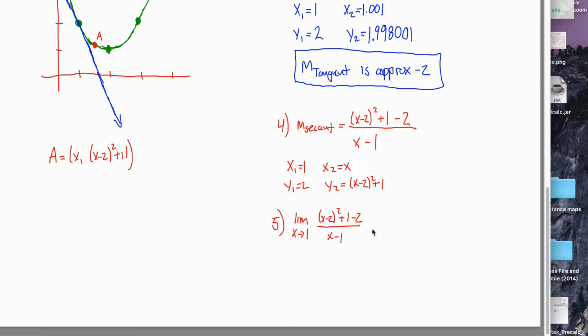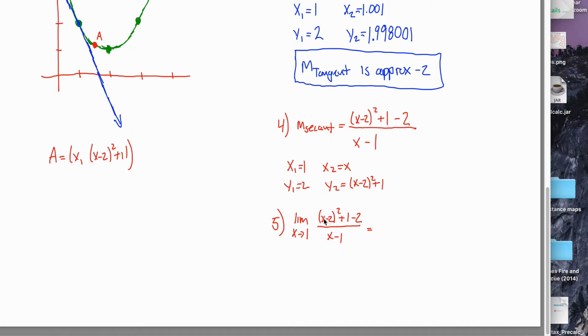Evaluate this limit. Well, you can try plugging in, changing all the x's into 1's, but you'll get 0 over 0. So as we'll see in section 2.3, the trick will be getting rid of this x minus 1 by canceling it with an x minus 1 that's up here but kind of hidden.